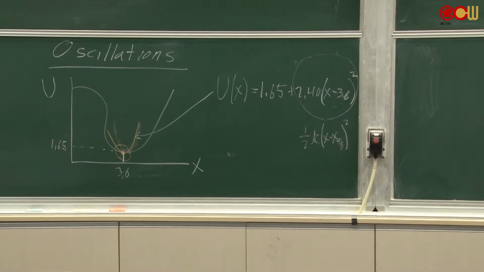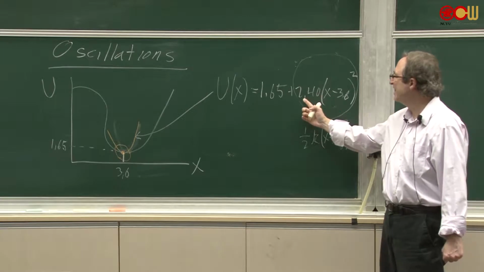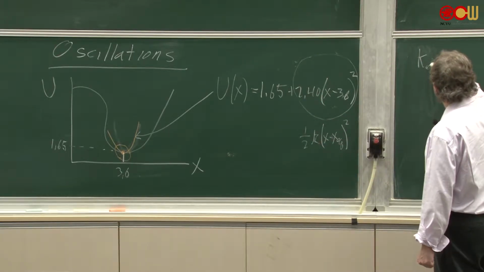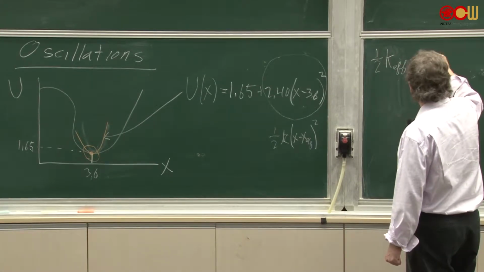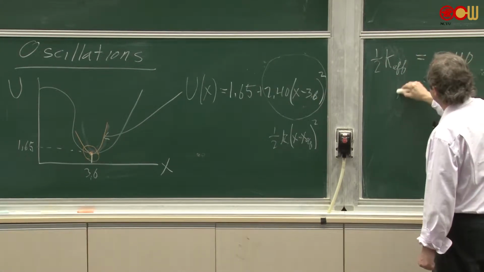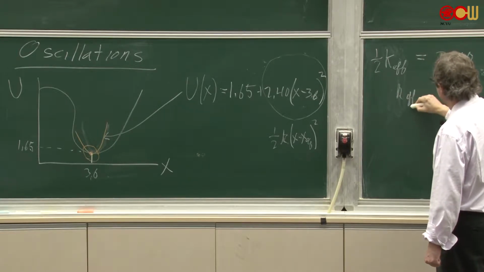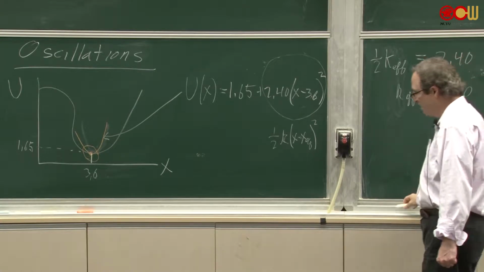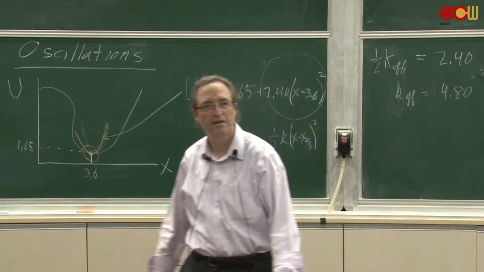So if I look at that, that says I have an effective spring constant, k effective, 1/2 k effective equals 2.40, or k effective equals 4.8. All right? In the appropriate units.